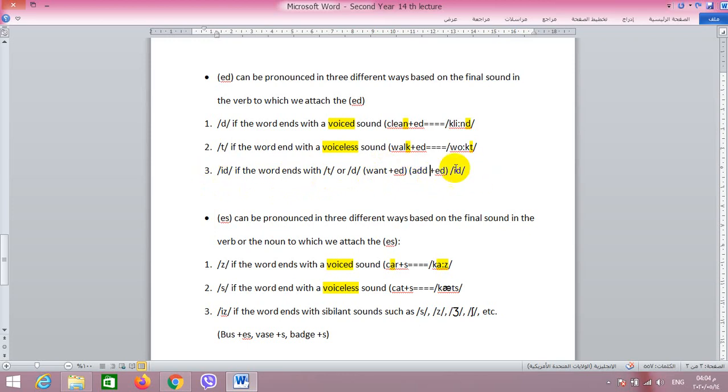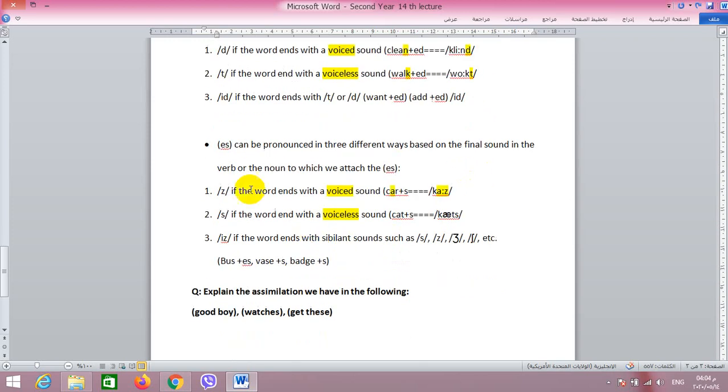Actually, this is to make the pronunciation easier. If we try to pronounce wantd, it's going to be difficult. Addd is also difficult. So we need to insert a vowel here to make the pronunciation easier, and it becomes wanted and added.